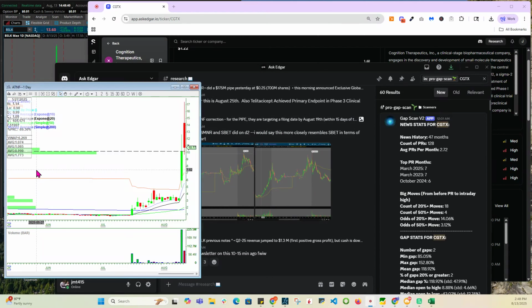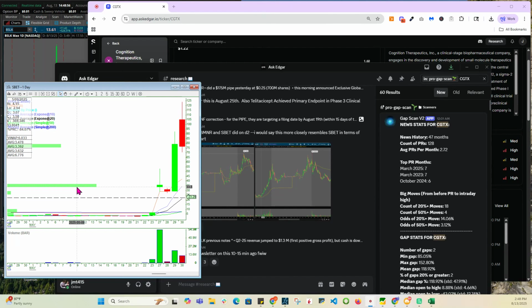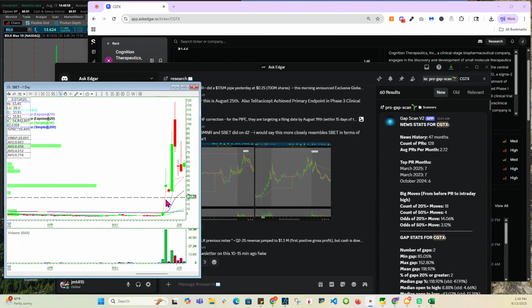So just looking at the charts here. Here we have this consolidation, and then a next leg up, day one and then day two. And on SBET back here, it didn't have the multi-day consolidation, but it did have the move up, and then this being the second leg.